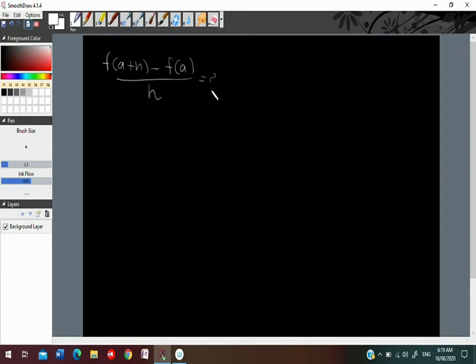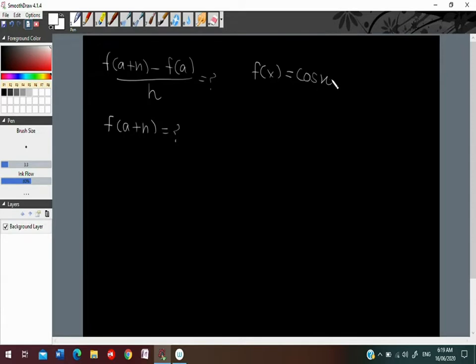But in this case, we have the function f of x is equal to cos of x. We have a trigonometric function, but the rest of the method is the same. So what do we do? First we have to find f of a plus h. Simply we replace this x by a plus h.